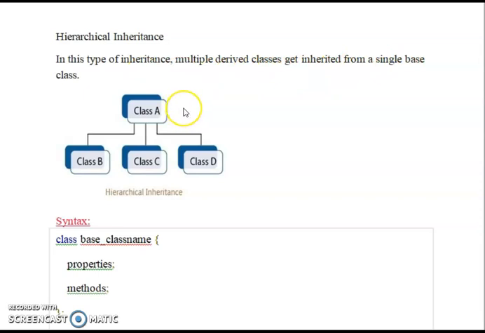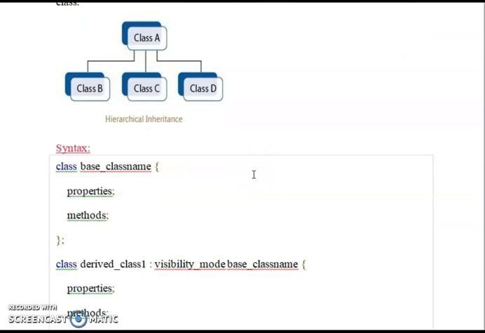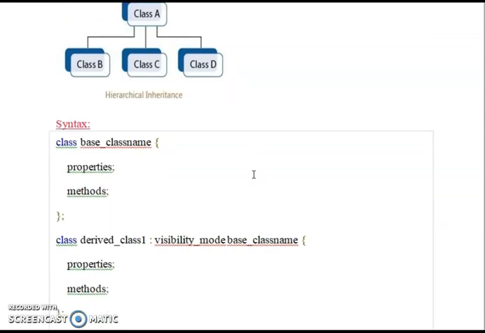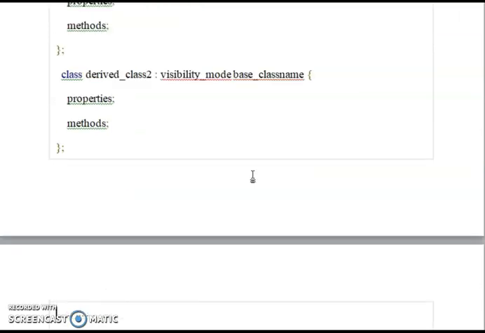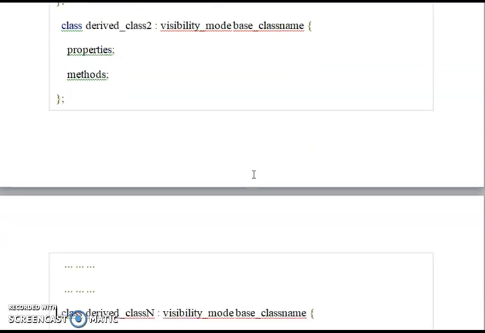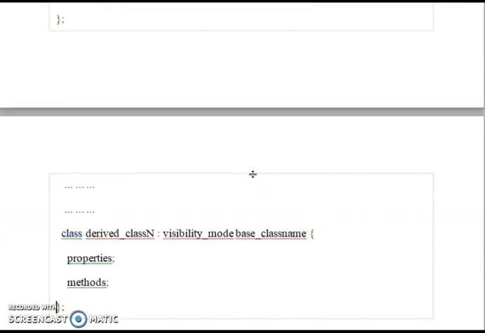Class A is the base class, and class B, class C and class D are derived classes. Here is the syntax of the hierarchical method: class base_class_name { properties and methods }; class derived_class : visibility_mode base_class_name { properties and methods }. Here one base class is derived into n derived classes, and that is called hierarchical inheritance.